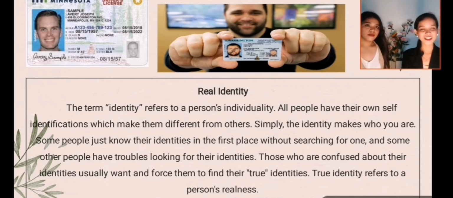Simply, the identity makes who you are. Kung kinsa jud ka. So some people just know their identities in the first place without searching for one, and some other people have troubles looking for their identities. Those who are confused about their identities usually want to find their true identities. True identity refers to a person's realness.